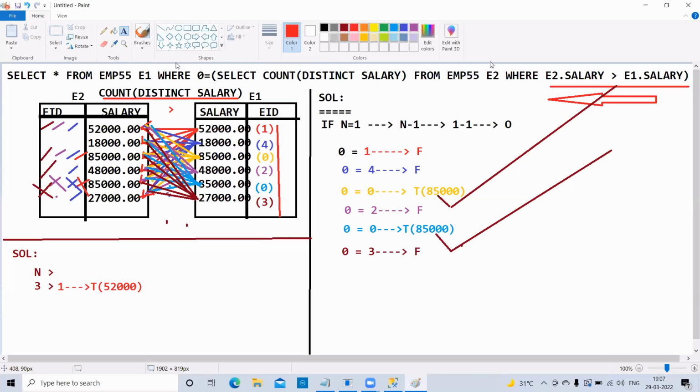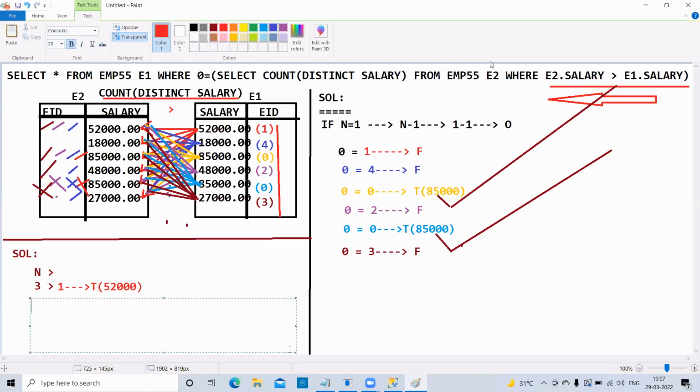Understand now? In the same pattern, the remaining ones also. Next, 3 greater than the second count, which is 4. 3 greater than 4: the condition is false.